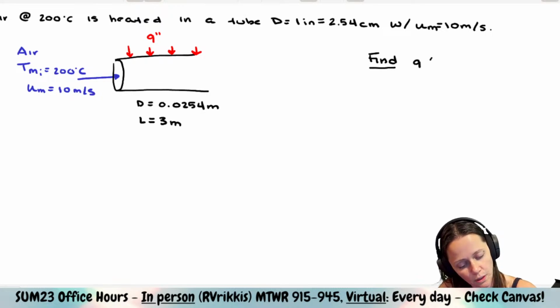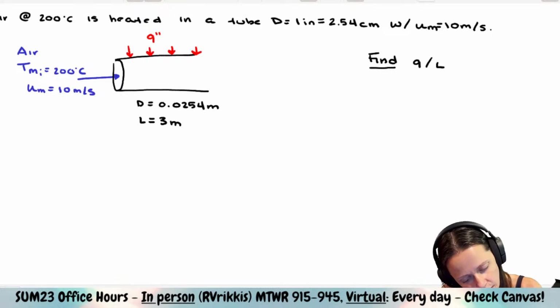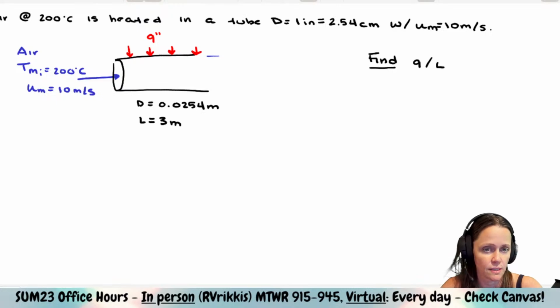So Q over L. If we've got a constant heat flux and the wall temperature is 20 degrees higher, okay. So how do we want to put this? So the wall temperature is 20 degrees above the air temperature all along the length of the tube.